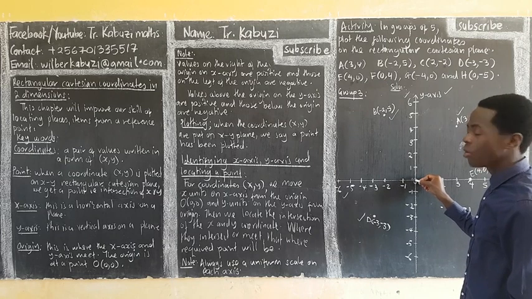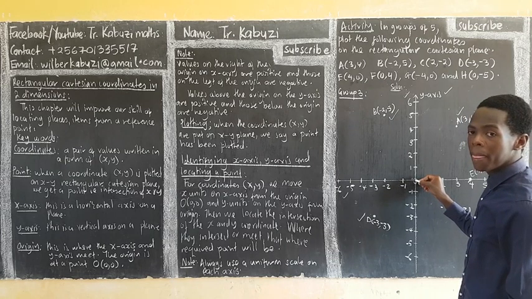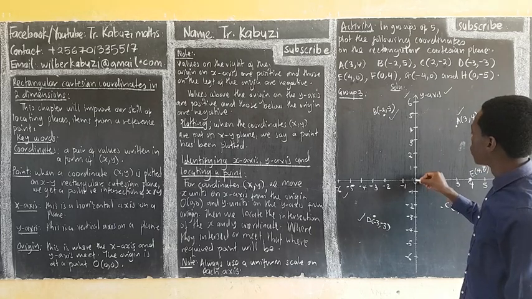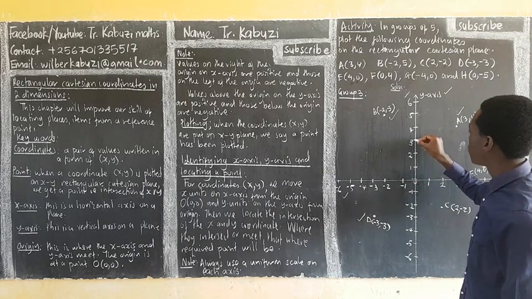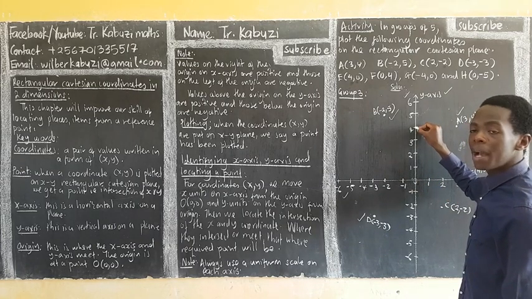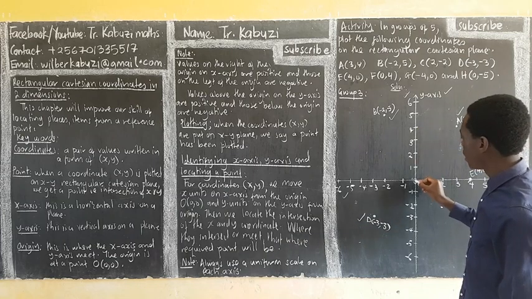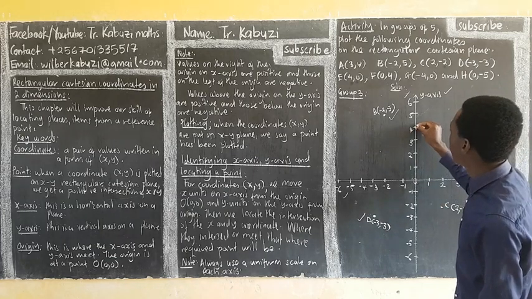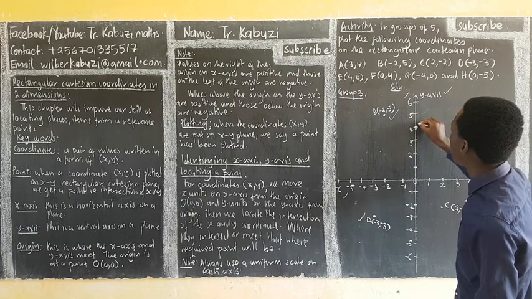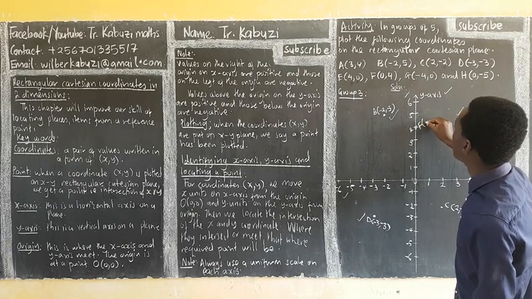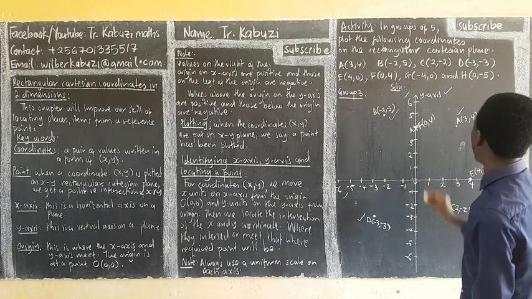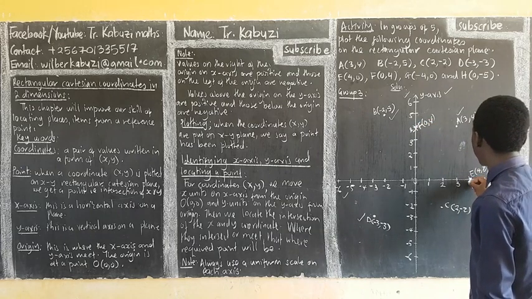Am I going to move down or up? Up. Why? Because it's positive. So 1, 2, 3, 4. You see x, I'm not moving anywhere. So this will be our point F. It is going to be 0, 4. This is our point F, as you can see there.